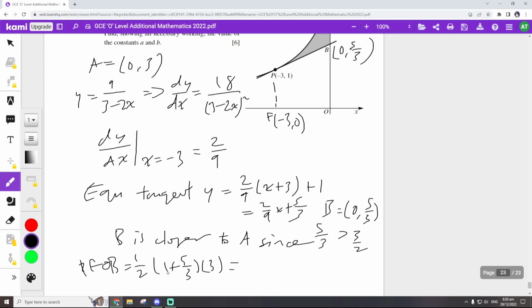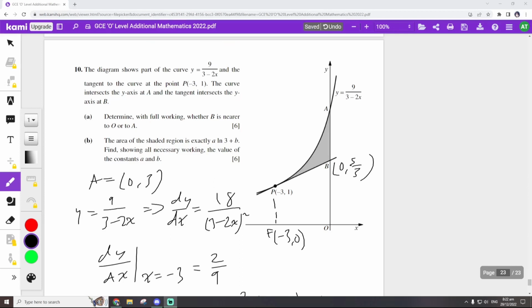Okay, so this is 4. And from here you can see that the area that we need is the area under the curve minus the trapezium.